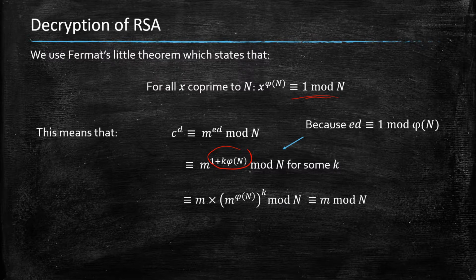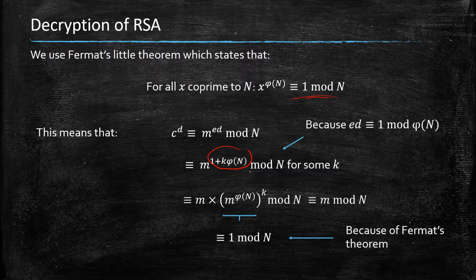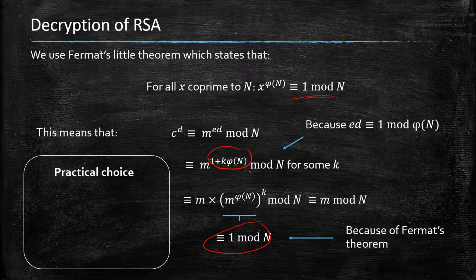And you can break that product, and it's m multiplied by something raised to the power phi of n, which is essentially 1 and disappears from the equation.